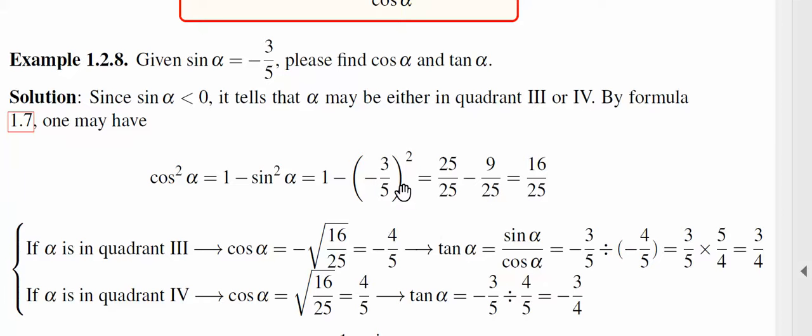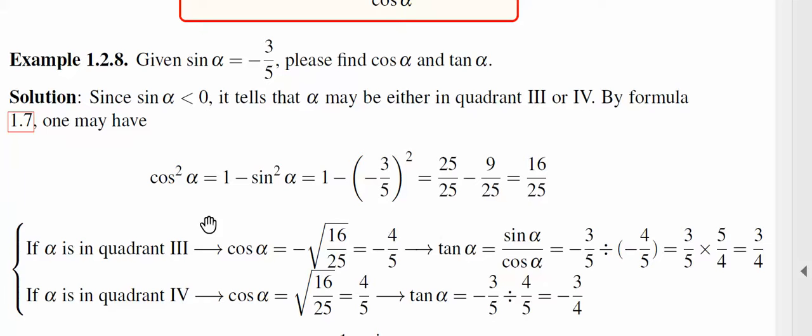With the parentheses, negative squared still gives positive. Now 25 minus 9 gives us 16, and the denominators are the same, so we write 25. When you subtract fractions, you only subtract the numerators if the denominators are the same. So this is what we get for cosine squared alpha.